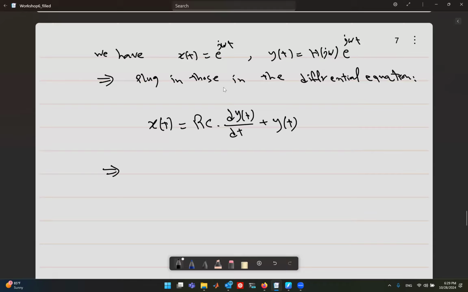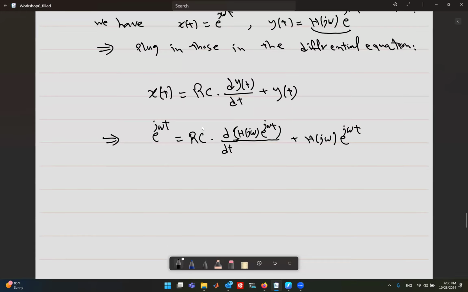Then we have exponential j omega t equals RC times the derivative of y of t, which is H of j omega exponential j omega t, plus H of j omega exponential j omega t. This is y of t.